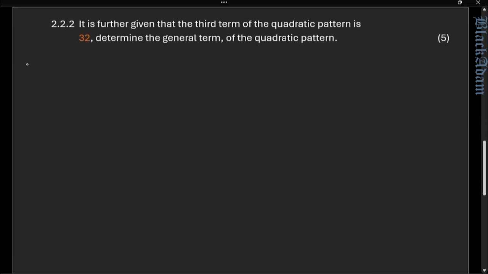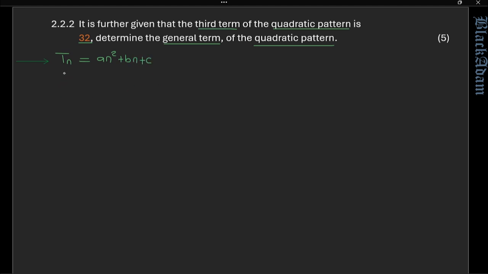Then from there, 2.2.2 is further given that the third term of the quadratic is 32. Determine the general term of the quadratic pattern. 5 marks for that. So the first thing that we need to do, we need to know that Tn is an squared plus bn plus c.